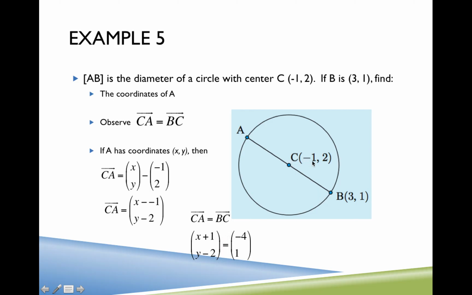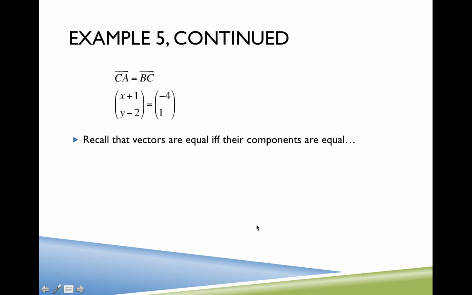So if I set those vectors equal, I can say my components are equal. So I can say that x plus 1 does equal negative 4, or x equals negative 5. And I can say that y minus 2 equals 1, which means that y equals 3. I can solve. Now I know that point A is negative 5, 3.